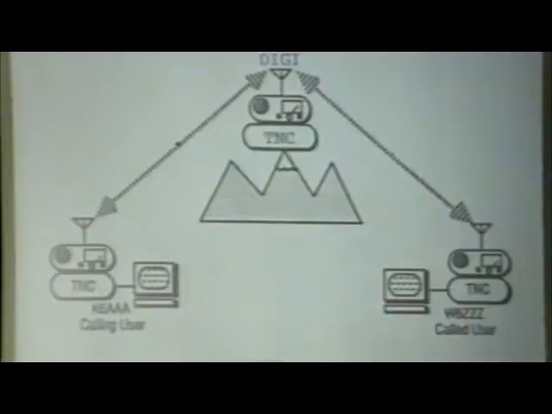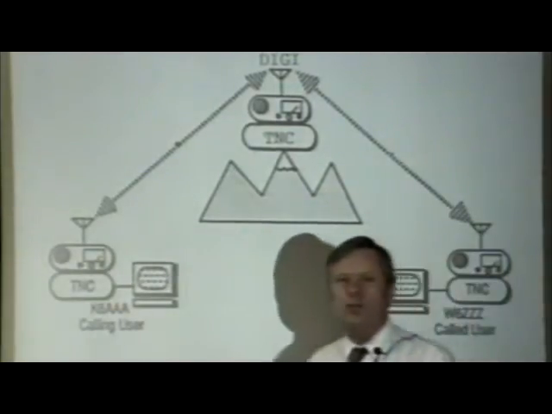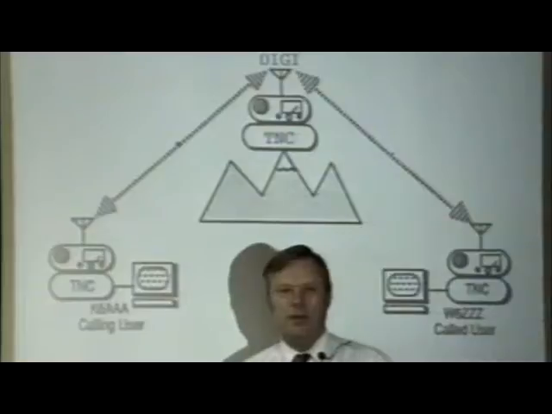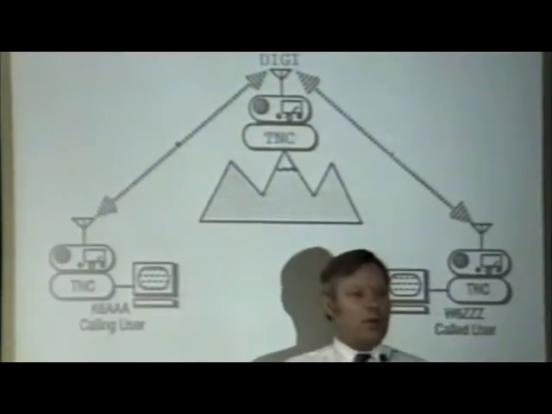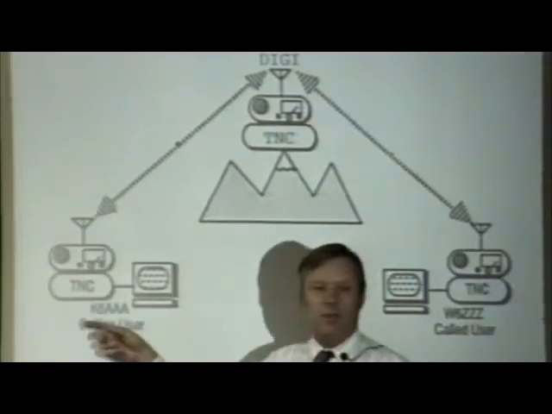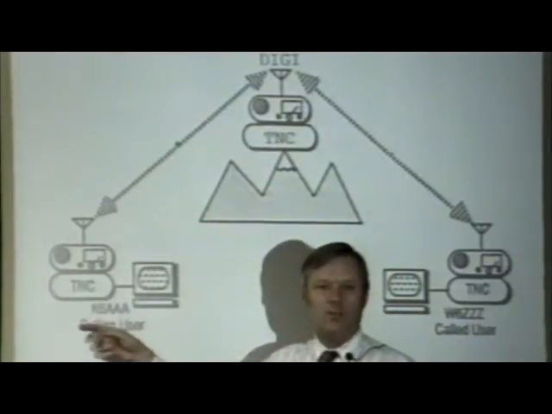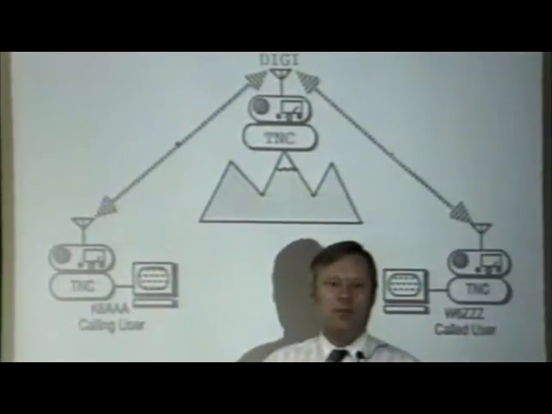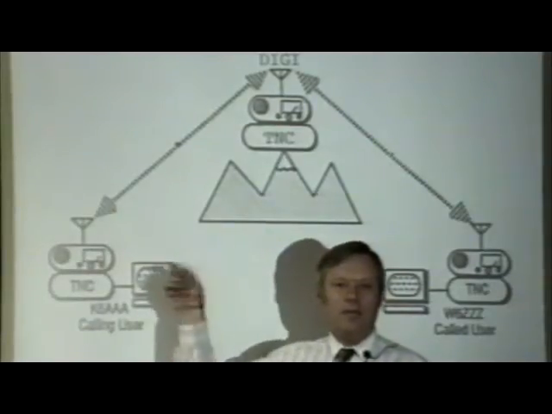All TNCs can be used as a digi. Now, if a sysop for some reason didn't want you to use them as a digi, he can go in there, and there's a command. I don't even know what it is because I've never looked it up. But he could go in there and say, I don't want to be a digi, and turn it off. But most people say, if somebody can use my station, that's great. That's the beauty of Packet.